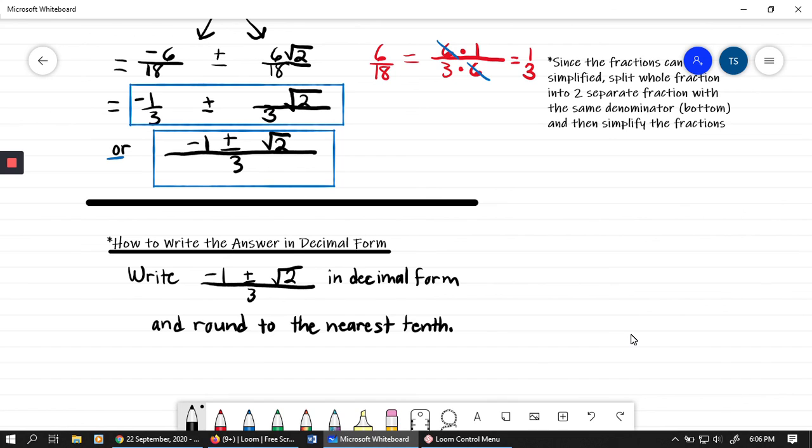Alright, so let's say that you were asked to write the same answer that you just now got for this last example in decimal form and to round to the nearest tenth. Hopefully you remember your decimal places, and that the place right next to the decimal on the right side is the tenths place.